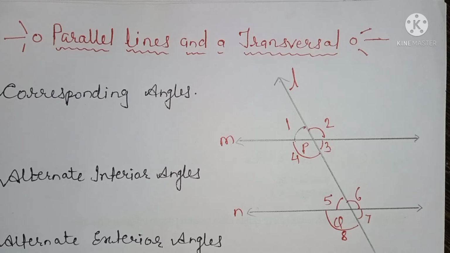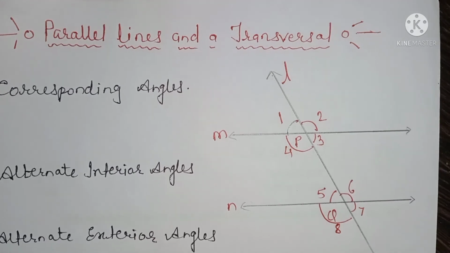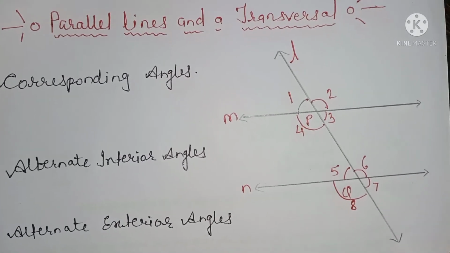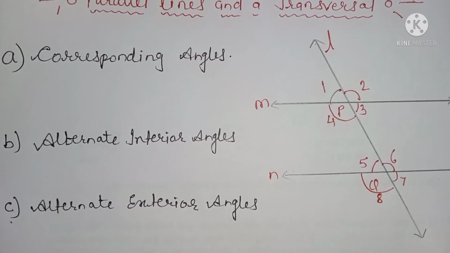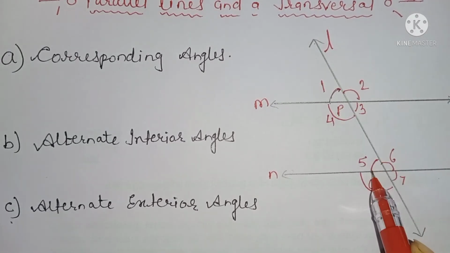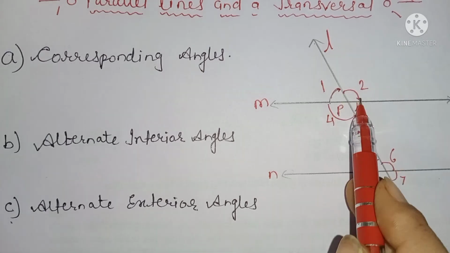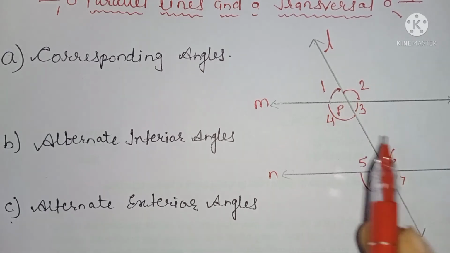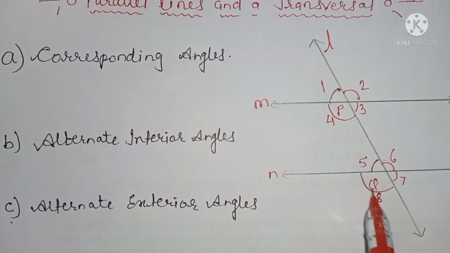You know from the earlier classes that some pairs are corresponding. You already learned in the lower classes what a corresponding angle is. See this figure and name the corresponding angles. Angle 1 and angle 5, right? Then angle 2 and angle 6. Then angle 4 and angle 8.